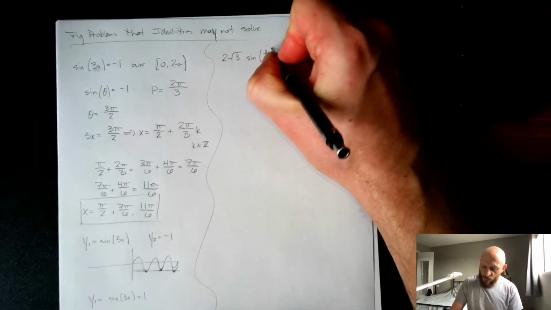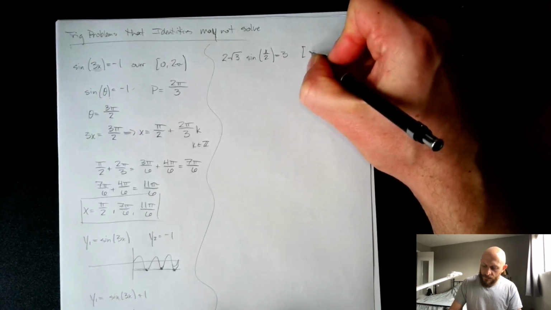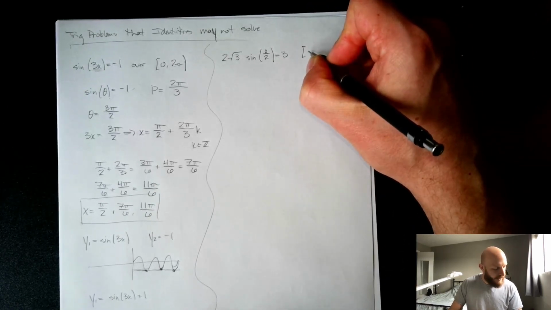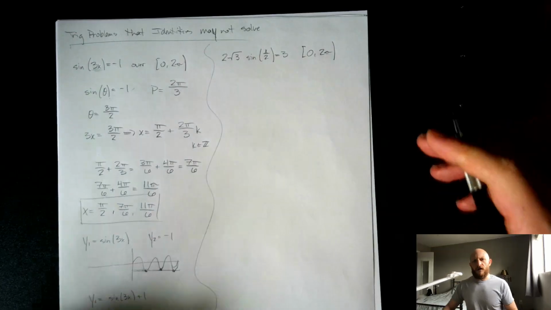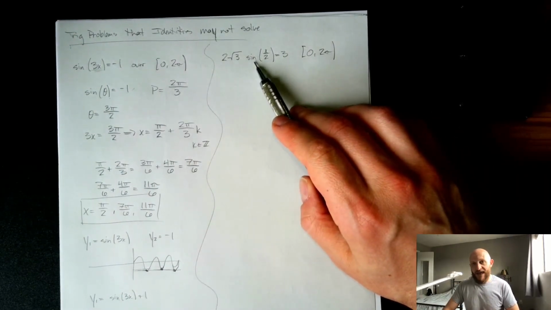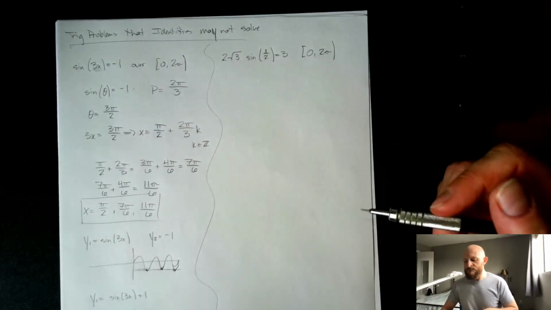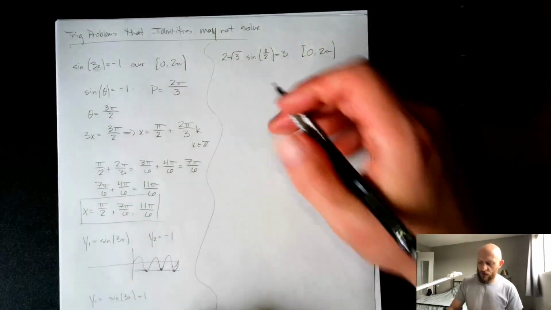So let's try another one, maybe one that is not an integer multiple of an angle, but a half angle. So we want to solve, where does 2 root 3 times sine of x over 2 equal 3? Well, similar first step. Let's first just rewrite this, solving it for sine.